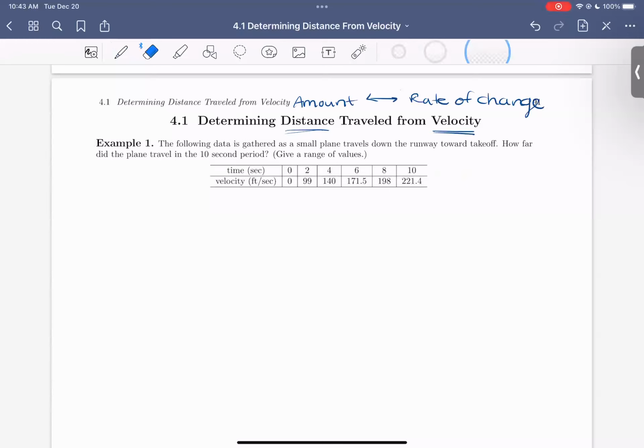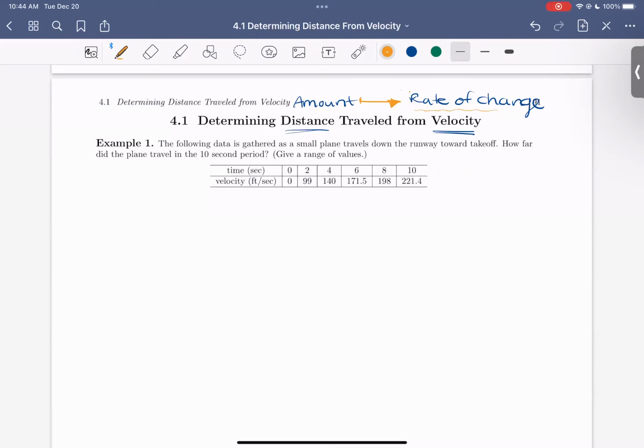So far in calculus, we've done a lot of work getting to a rate of change from an amount. So starting with an amount, looking at how that amount changes, or how that quantity changes, to get a rate of change. Well, it turns out that's only the first half of the story.